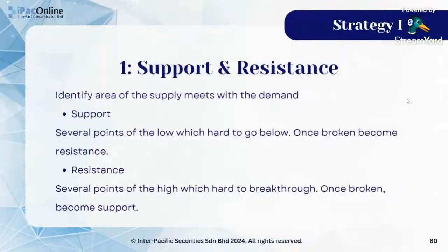If we are trading along with support and resistance, then first, once we're able to identify all these areas for support and resistance, support is telling us that these are some of the points whereby the share price can hardly go below. Okay, and also resistance is the point of the high whereby it's very hard to break.